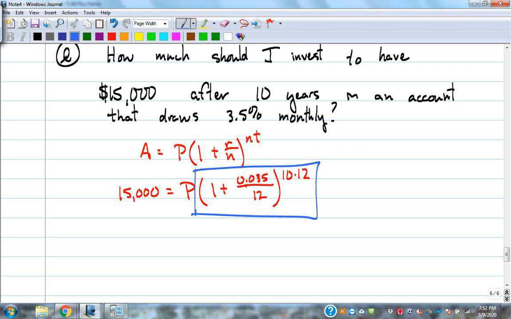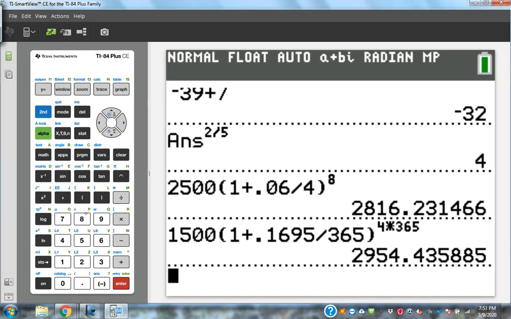What is that in general? It's a number, right? So P times this ugly number gets me 15 grand. So all I've got to do is find out this ugly number and divide 15,000 by it to get there. So it looks like really hard stuff, but it's really just a one-step equation. You just have a big ugly number to deal with here. So I'm going to find that number with my calculator.